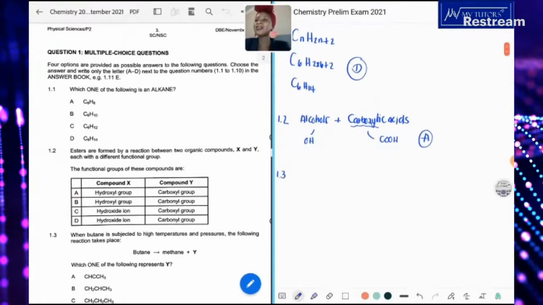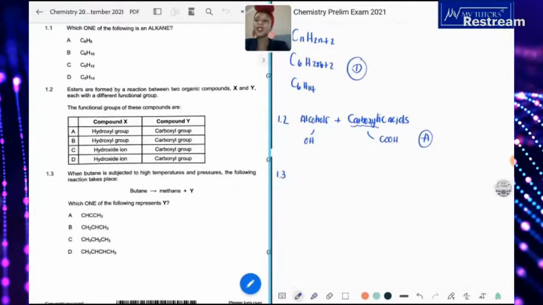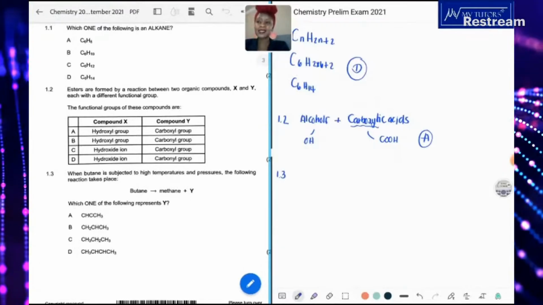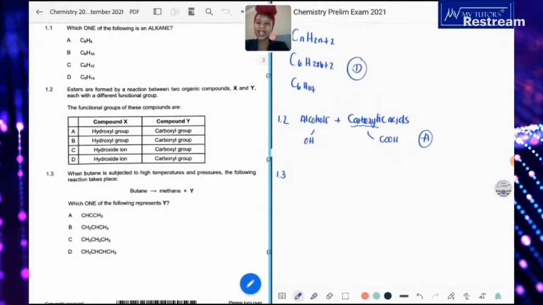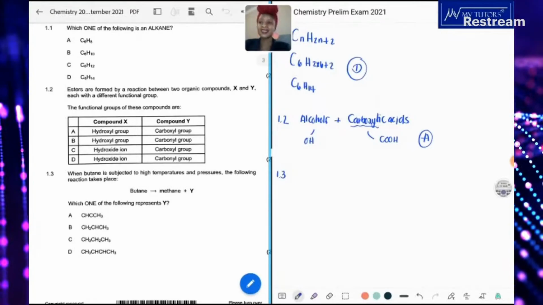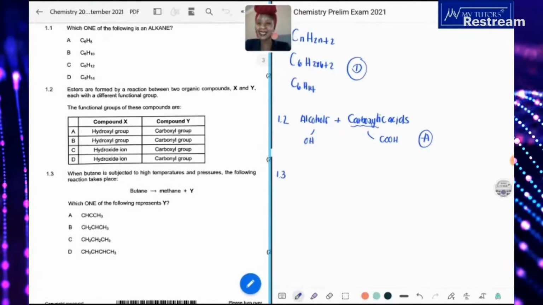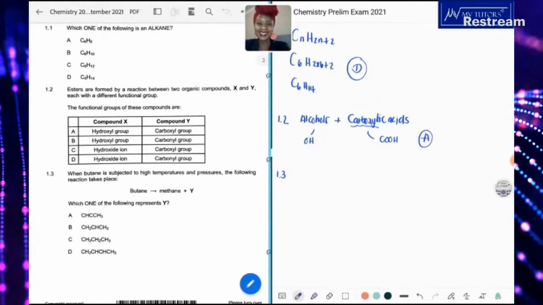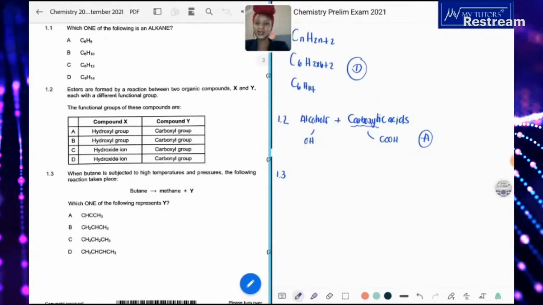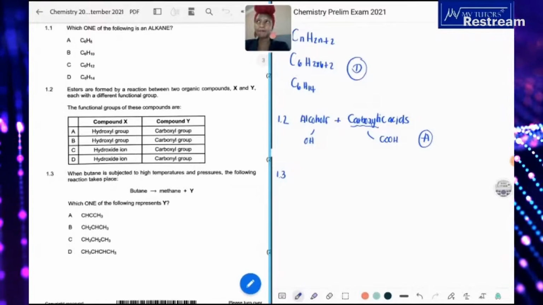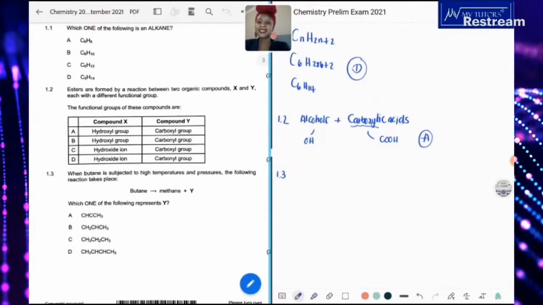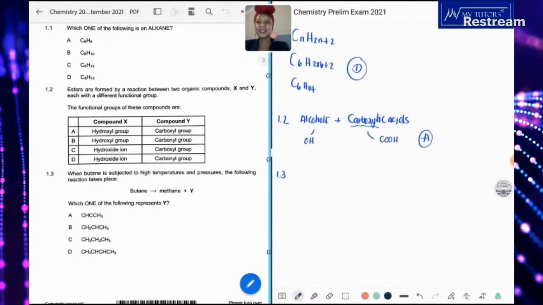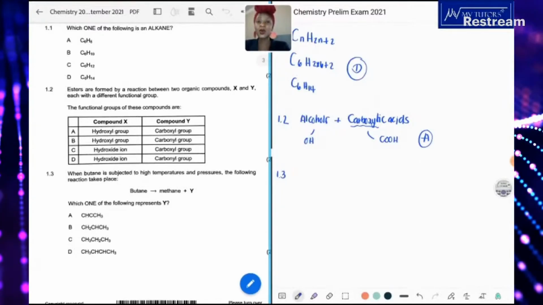Now 1.3. When butane is subjected to high temperatures and pressures, the following reaction takes place. Do you realize what this reaction is? It is an elimination reaction. When you start off with a saturated compound like an alkane, and at the end it breaks apart through the elimination process, we call it cracking.